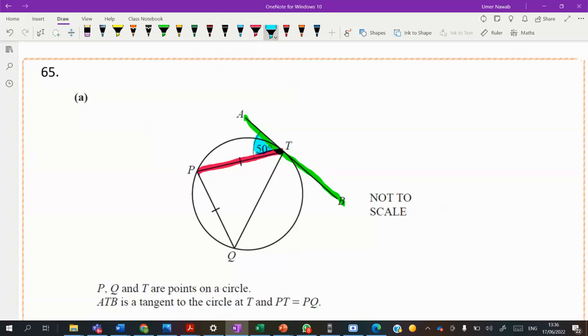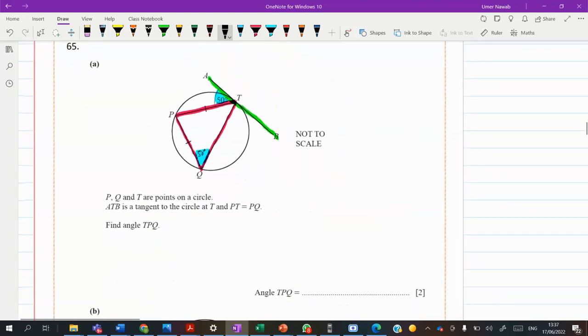If a chord is making an angle with the tangent, that angle will be the same as if you produce the endpoints of the chord on any point on the circumference. So why not I can say that this is also 50 degrees. And the name of this property is alternate segment theorem. So this is 50. As per isosceles triangle property, guys, this has to be 50.